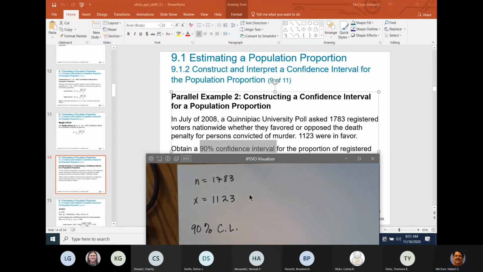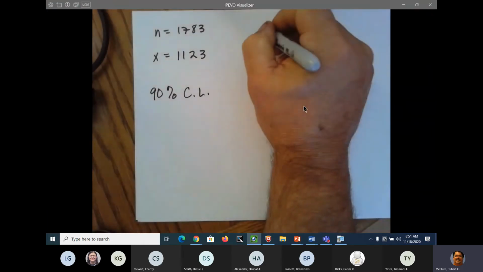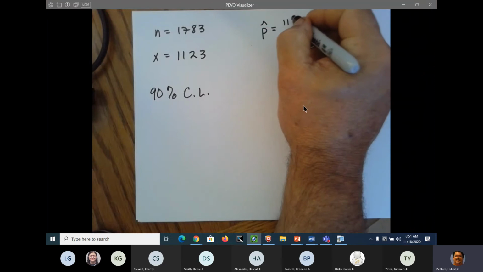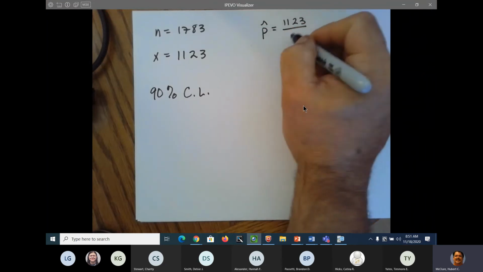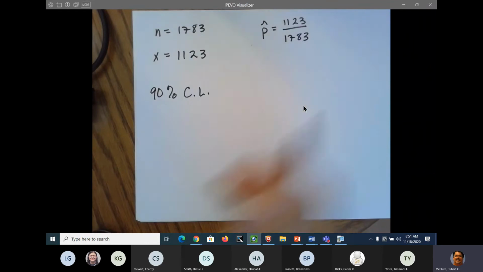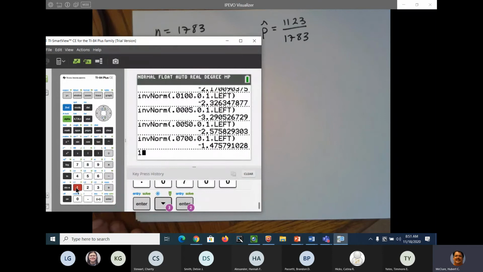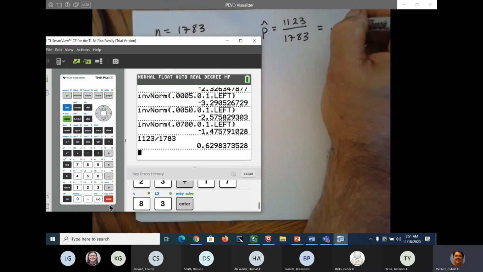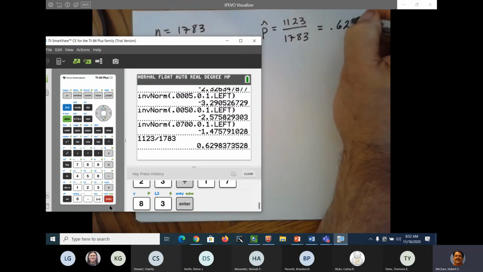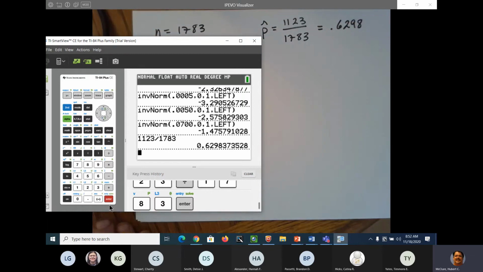That's it. So what can you do first? Well, you've got to get p hat first. p hat is equal to 1123 divided by 1783. Take your handy dandy calculator and take 1123 divided by 1783. And that's 0.63. I'm going to take it to 4 digits. 0.6298. Minus 1.